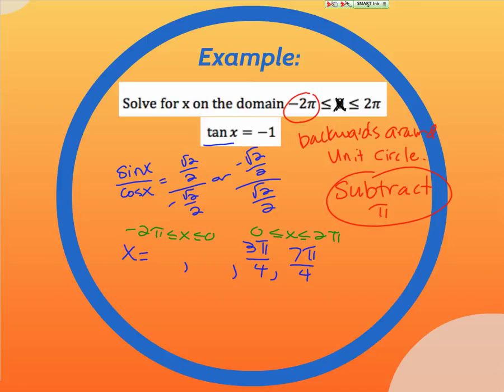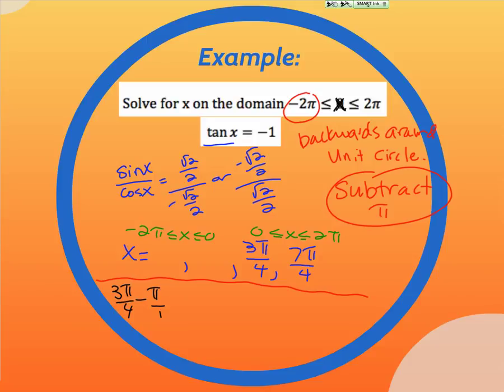The other difference with tangent and its domain being smaller, if I do 7 pi over 4 and subtract pi, I'm going to get 3 pi over 4. So actually, I know on the sine and cosine ones, you do each of them. Well, for tangent, you have to just take the first one, subtract, take your answer, and subtract. So that's a little bit different as well. So I have to take 3 pi over 4 and subtract pi.